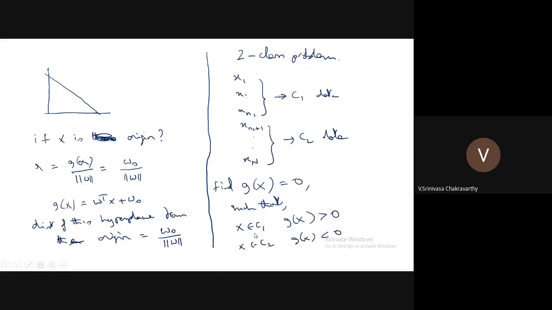So we have some points. These are class 1 points, these are class 2 points. I need to find some g of x equal to 0 in such a way that all the class 1 points fall on one side of this hypersurface and all the class 2 points fall on the other side. So how do you find it?